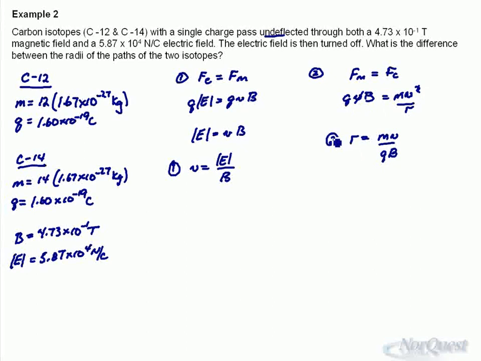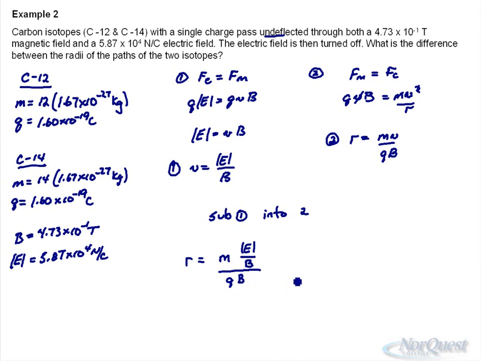In this case, we're going to substitute equation 1 into equation 2 again, and then we're going to calculate both radii. So similar to what I did in example 1. In example 1 I was finding mass. This time I'm going to find radius, but it's set up the same way. Substitute 1 into 2. So we get R equals mv, which is electric field over magnetic field, divided by QB.